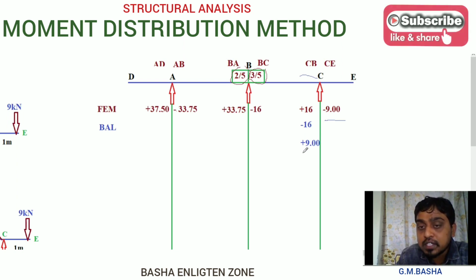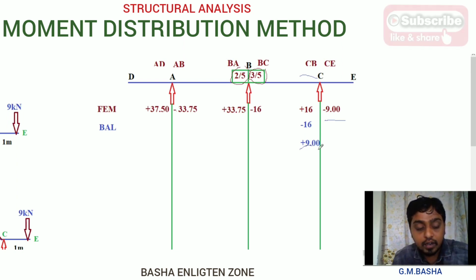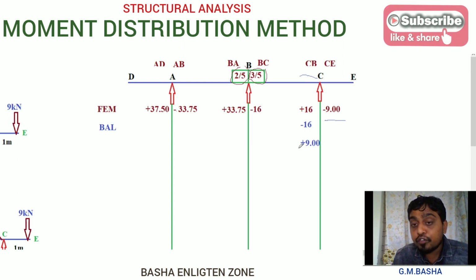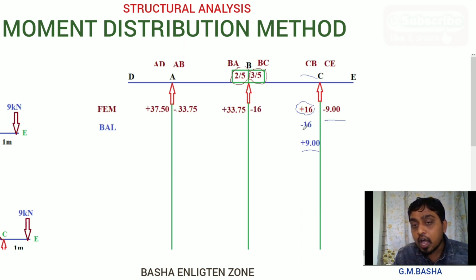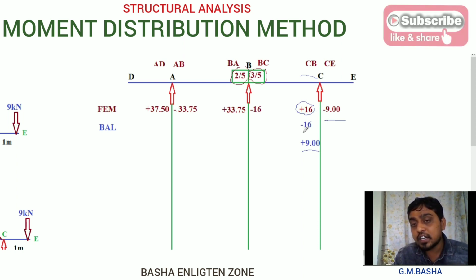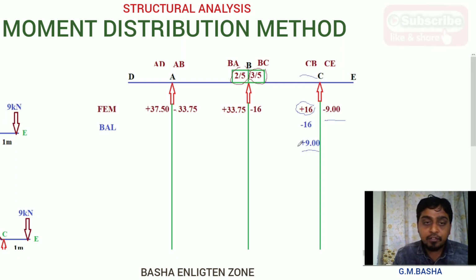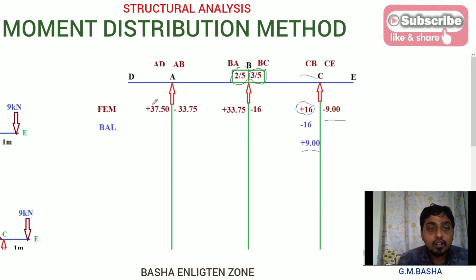I take plus 9 kilonewton meter here, as the first step. To make this 16 zero, I take the same moment with opposite sign, minus 16. If you add these two, you directly get 0. Then the final moment at this position will be minus 9 for CE and plus 9 for CB. In the same way, you see at this end.